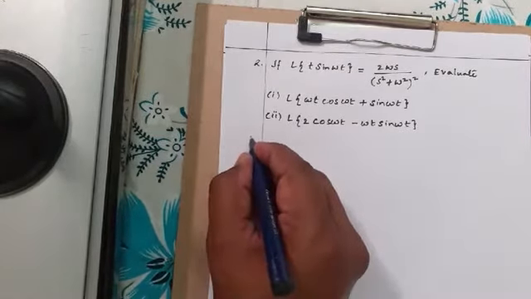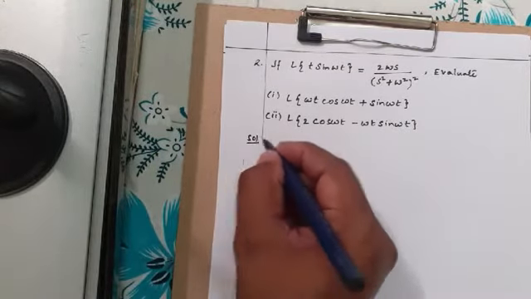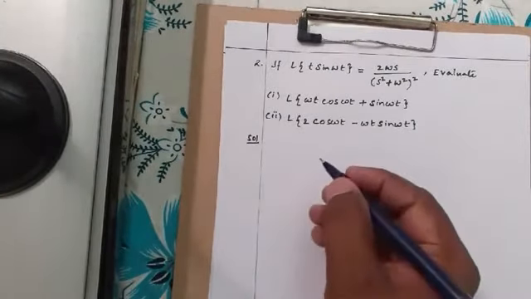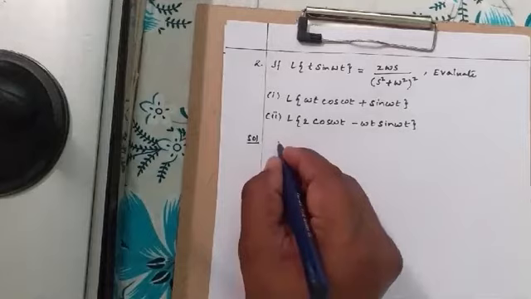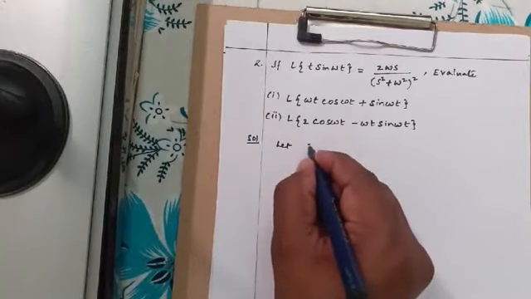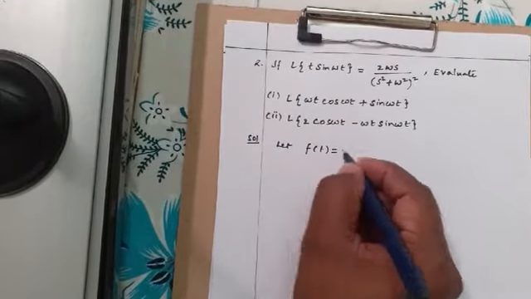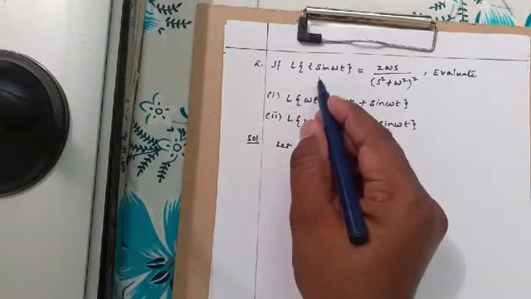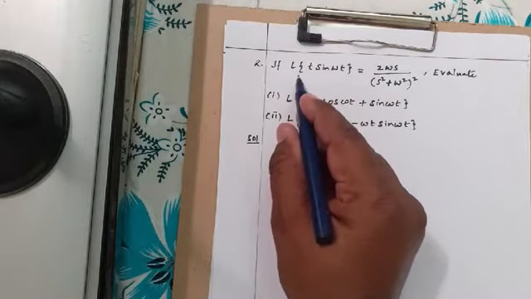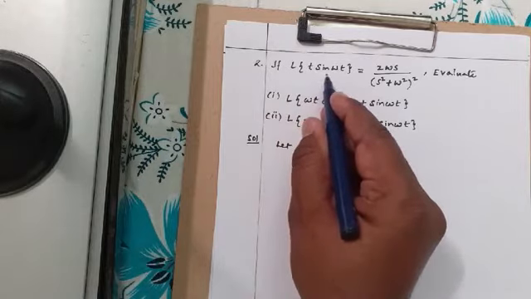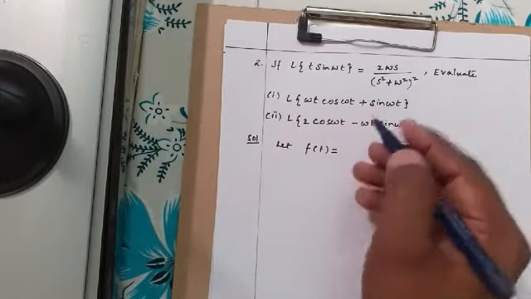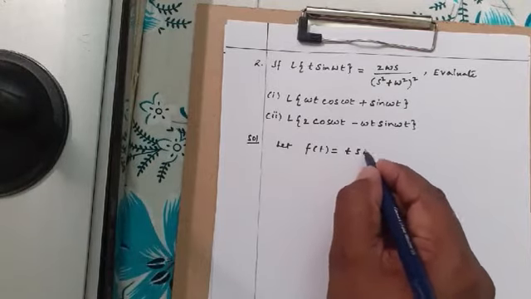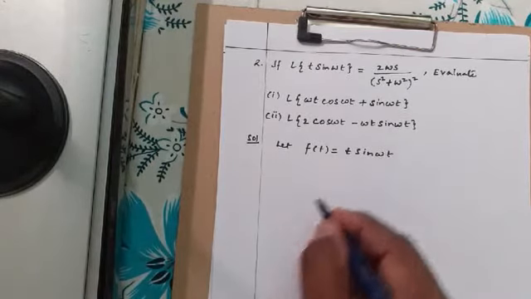Now these are the solutions for the first bit. Before that, let us see what is given here. Let f of t be equal to, as I have shown you in the previous problem also, if it is given like L of f of t equals f bar of s, we have to consider f of t equals t sine omega t.